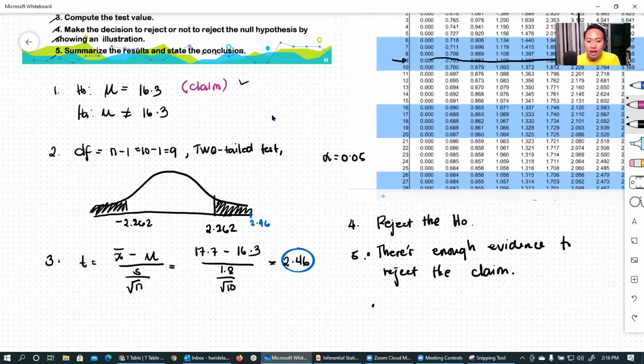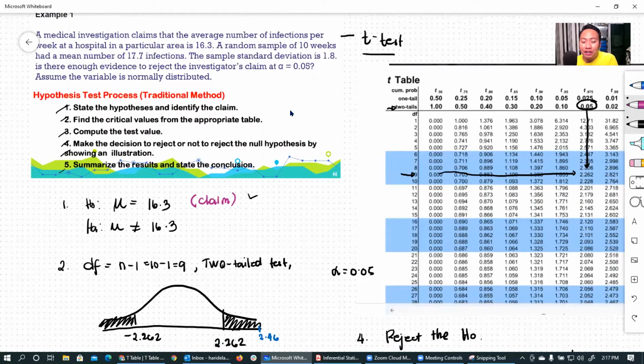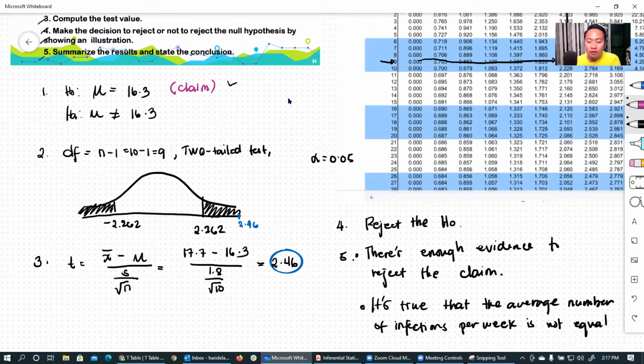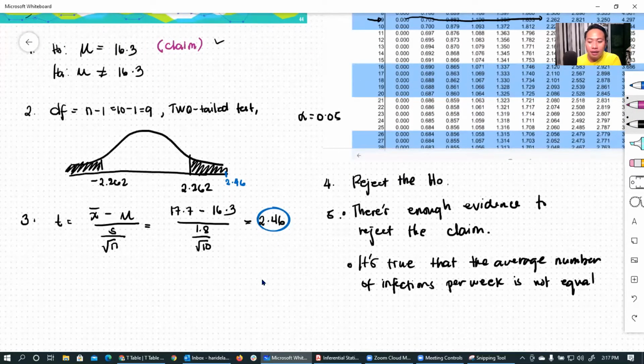You can also say that it's true that the average number of infections per week is not equal to 16.3.